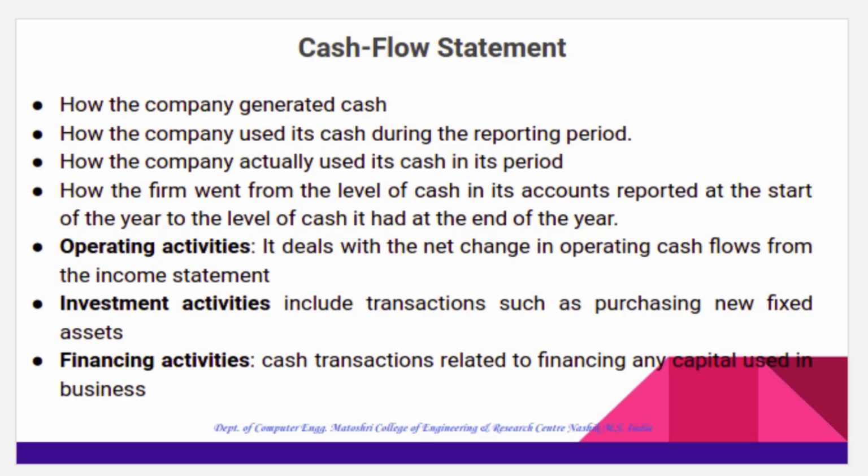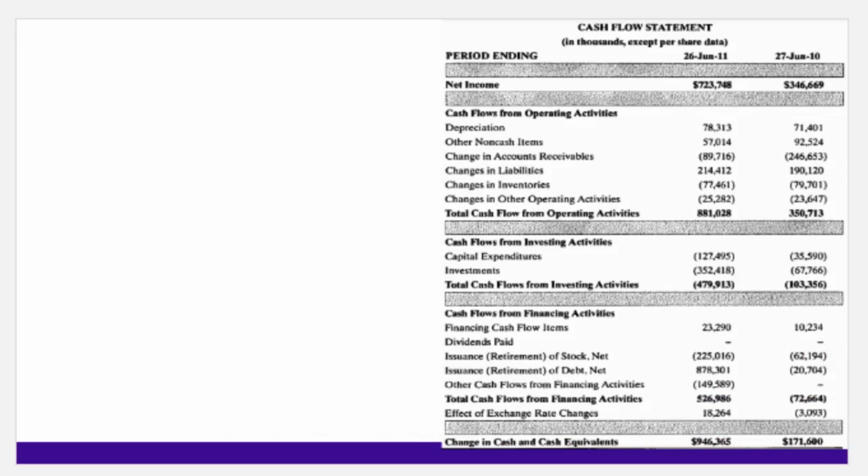Next, we will take one example of a cash flow statement. Cash flow from operations in fiscal year 2011 amounted to $946,365.